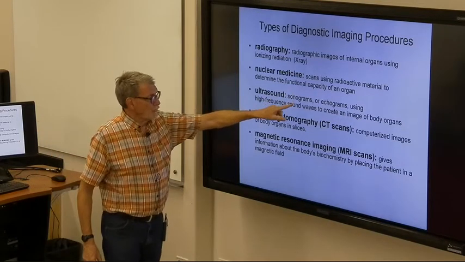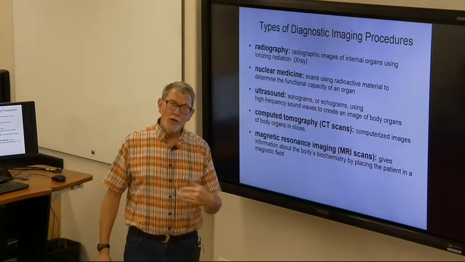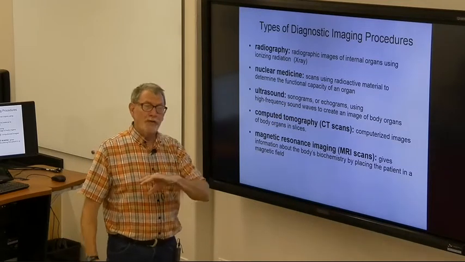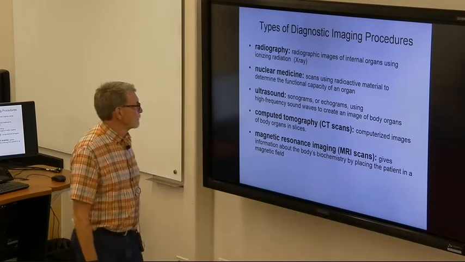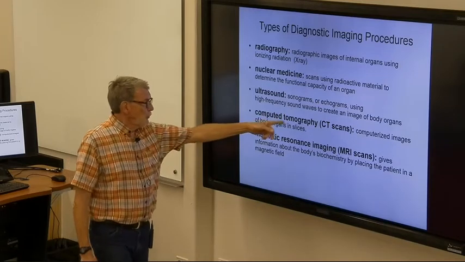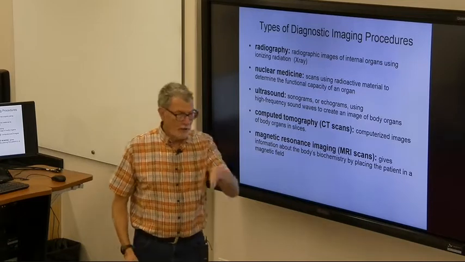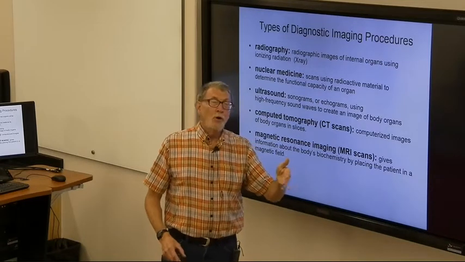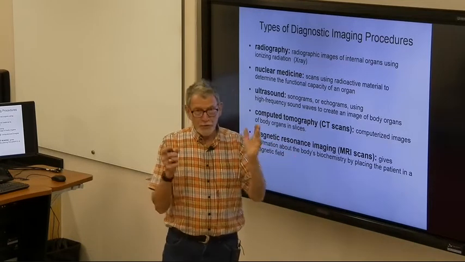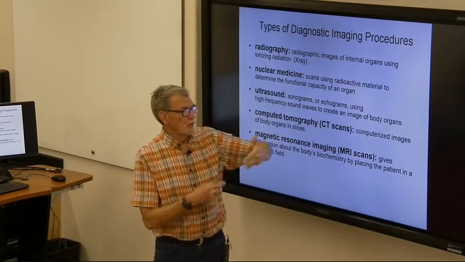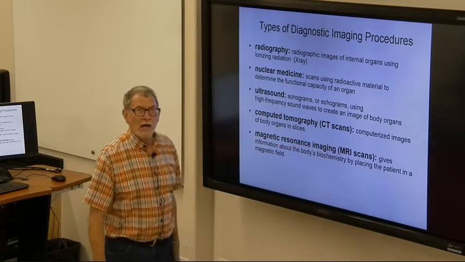Ultrasound, remember that sono. Sono is the ultrasound, so you can do an ultrasound of your chest as well. Computed tomography, a CT scan. The computer is taking slices, so you're not using a knife, you're using the computer to make these slices so you can look at the different areas of the lung.